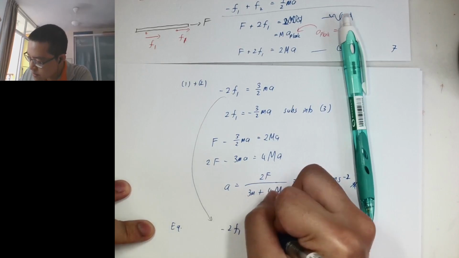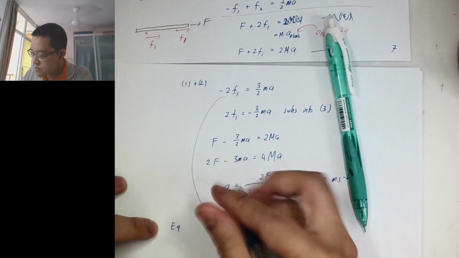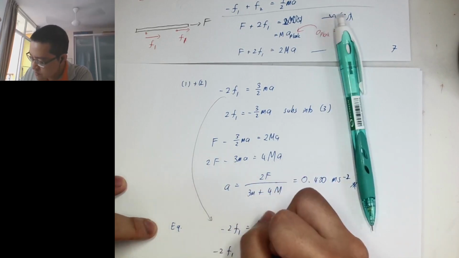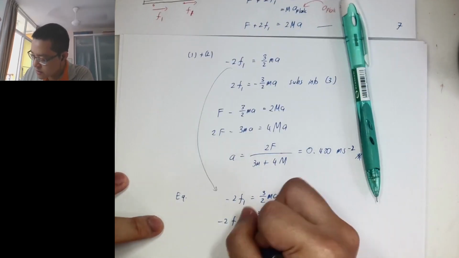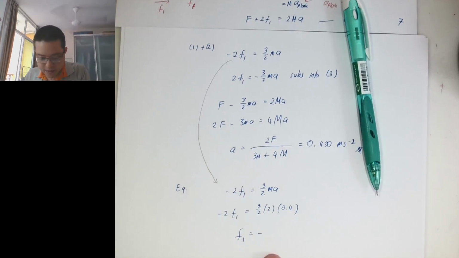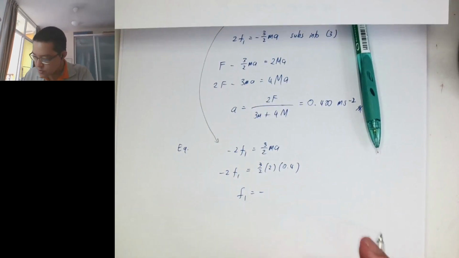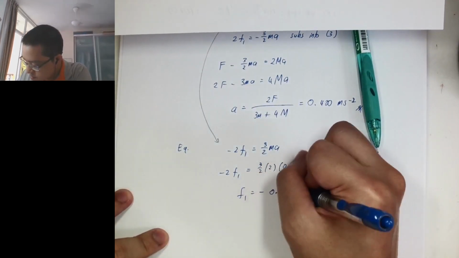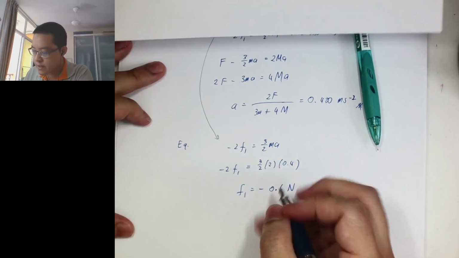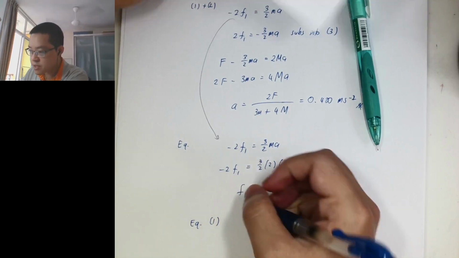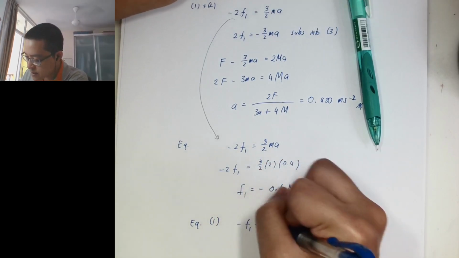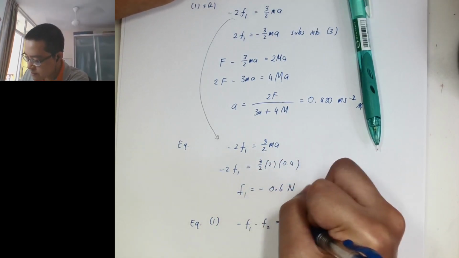2F1 is negative 3 over 2MA. Right, so my 2F1 is equal to 3 over 2, the mass is 2, the A is 0.4. Then you get F1 to be negative, so negative 0.6 newtons. And then we put this into equation 1. So our equation 1 is minus F1 minus F2 is equal to MA.